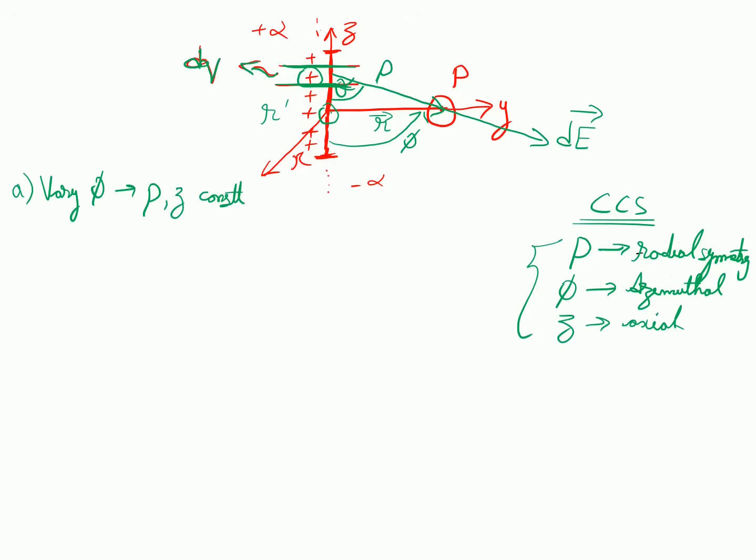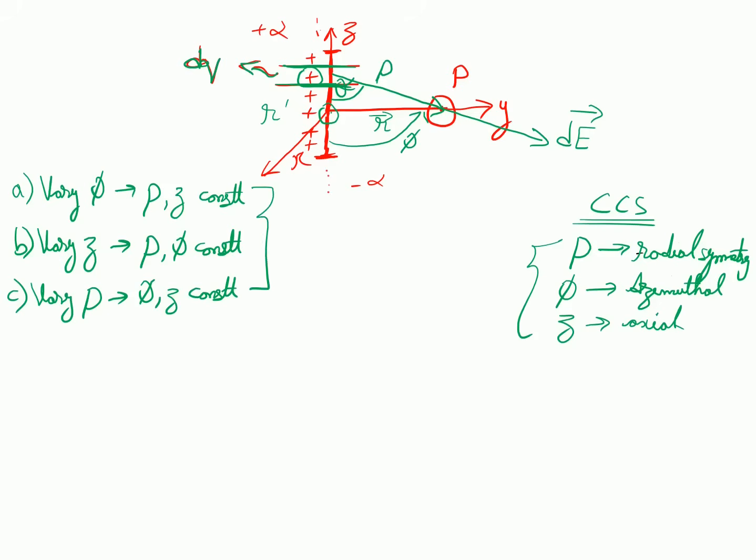In the second scenario, we are going to vary z and keep rho and phi at a constant value. And for the third part, we are going to vary rho while keeping phi and z constant, and we are going to see which of these 3 is going to affect the electric field distribution created.